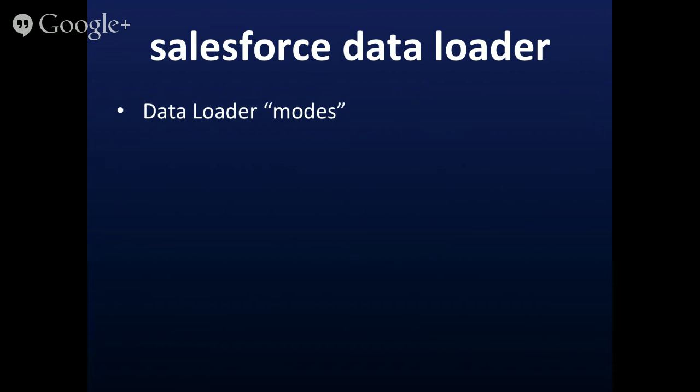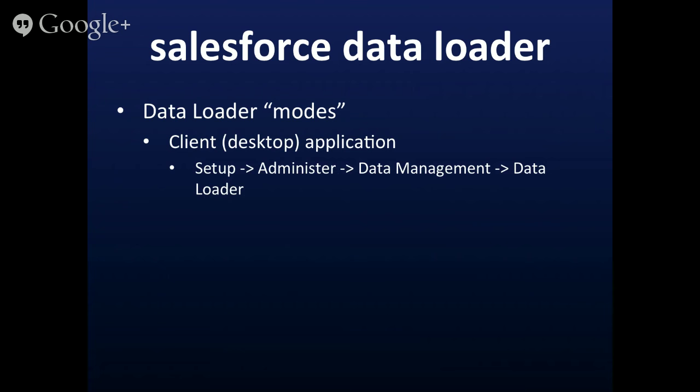So there's a couple of different modes for the data loader, different ways to use it. The first way, of course, like I talked about, is the actual client application, which you can find in Salesforce if you go to Setup, Administer, Data Management, and Data Loader.